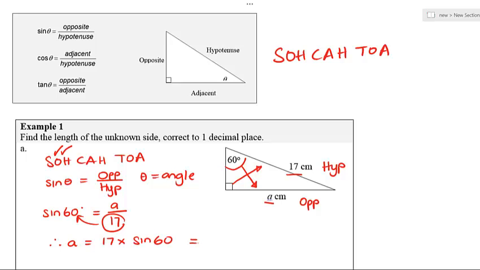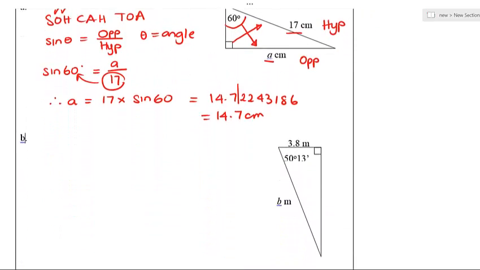You can do this all on your calculator and you should get 14.7224318. Since the question's asking us to one decimal place, we round it off, so it's 14.7 centimeters. Okay, so moving on to the second question.